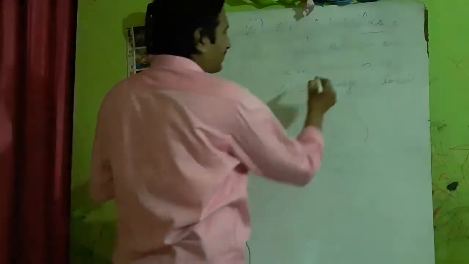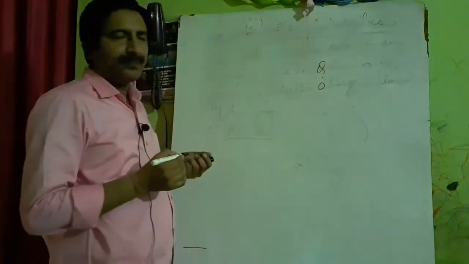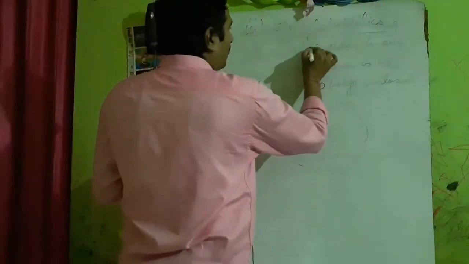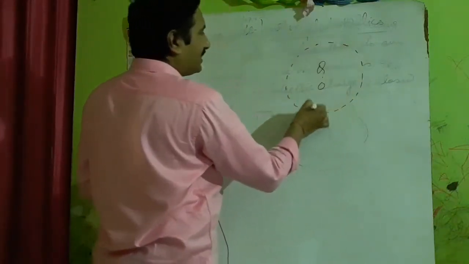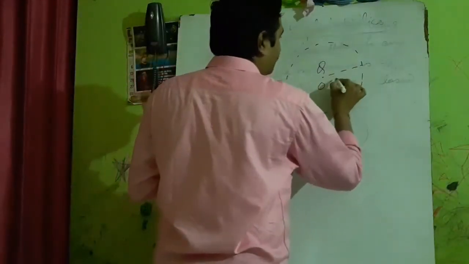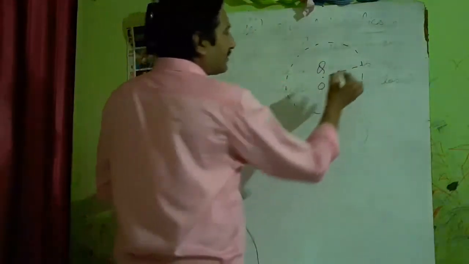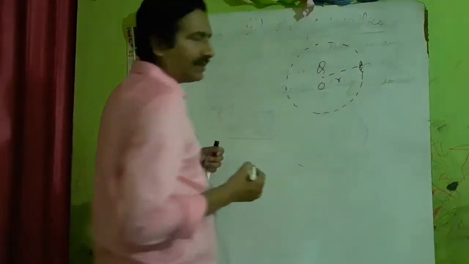Let us consider a point charge Q placed at a point O, and let us draw a sphere with its center at O. Radius of the sphere is R. Let us consider a small area element of the sphere.